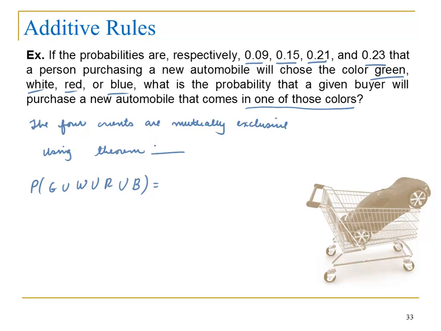So using theorem 2.7, we know that they're mutually exclusive. The only thing that you need to do is to add the probabilities. 0.09 plus 0.15 plus 0.21 plus 0.23.